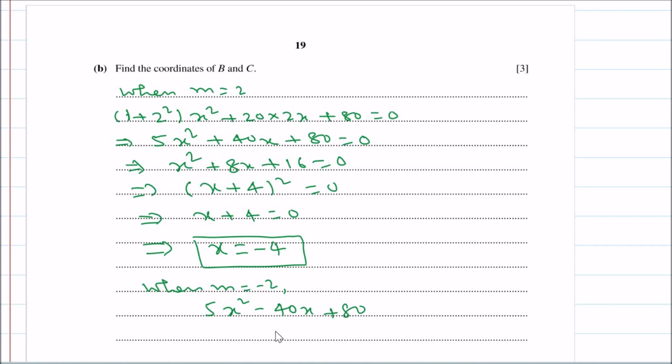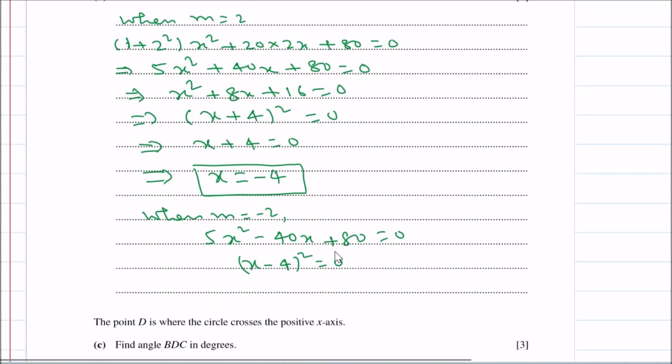Only one difference will be there, middle term will be negative. And if you solve this, we will get x minus 4 whole square is equal to 0. So x minus 4 equal to 0. So x equal to 4.